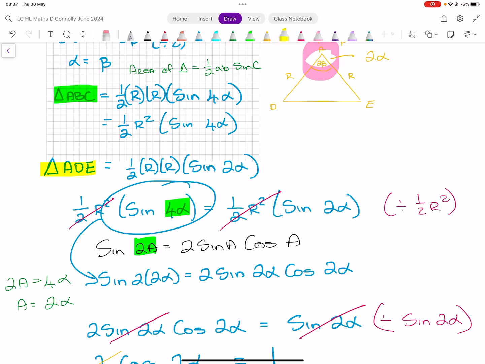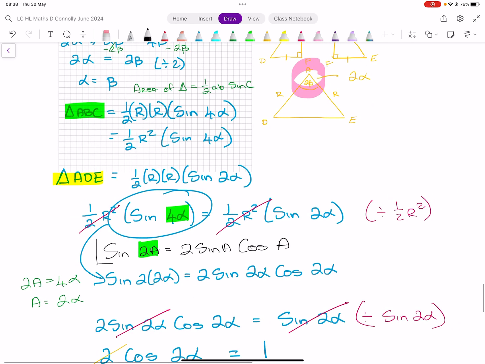Now, this is from the Formula and Tables book. I think there's a few ways to go from here to the end. It was definitely some kind of identities, but anyway, this is what I did.